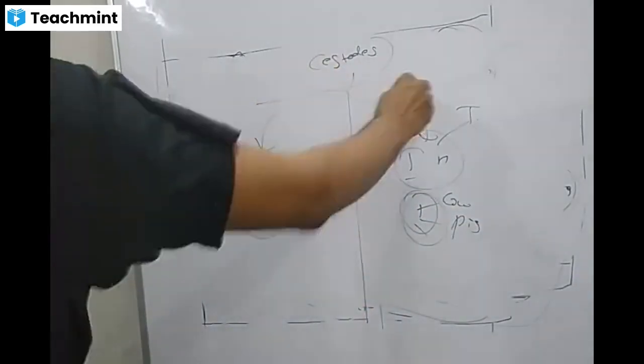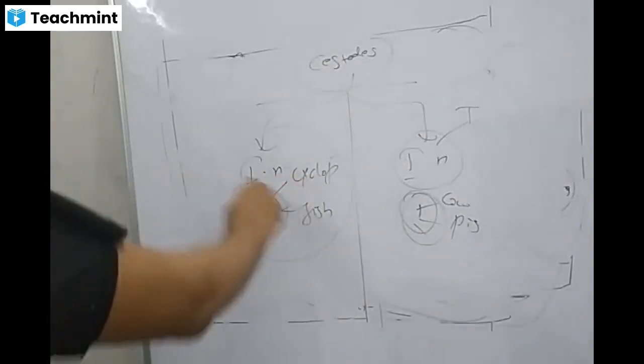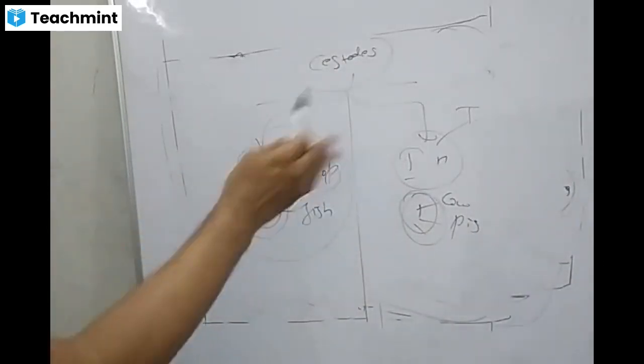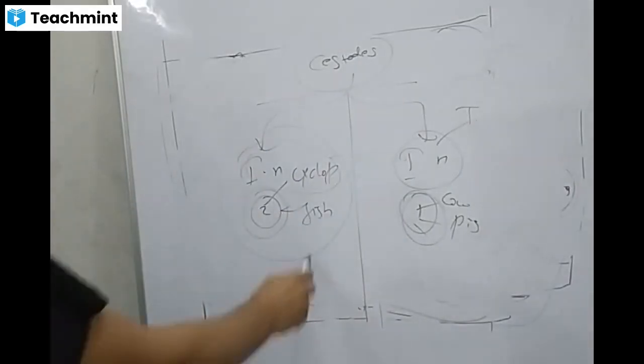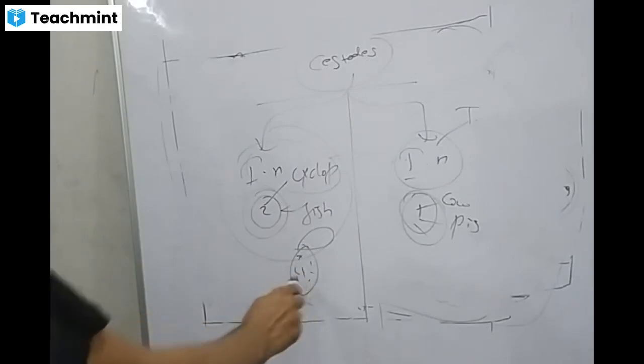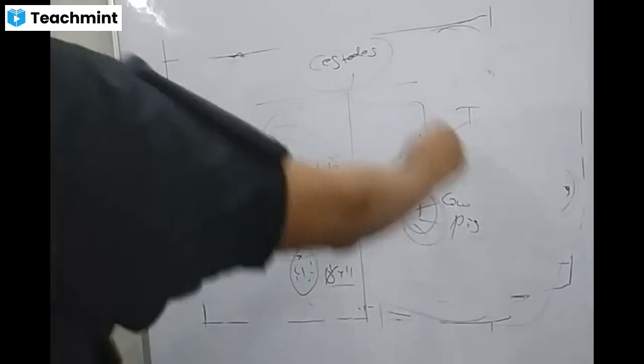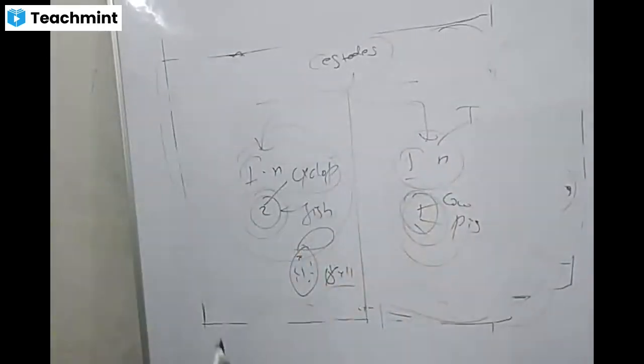So this is the summary where we divide the cestodes into two parts, one which are having similarity with the trematodes, meaning their eggs are operculated, unembryonated, and yellow in color. But here we find different types of cestodes with different types of morphological features.